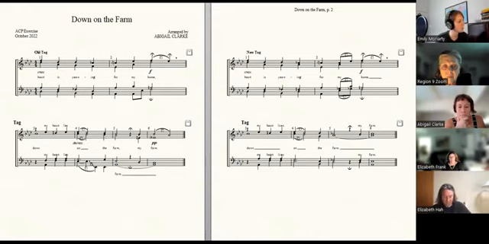Somehow, if we had something more warming than "my farm," like "my home," because you've talked about "my heart is there," and up above, "my heart is yearning for my home." Down, "my heart is down on the farm, my home." Somehow, that might work for something like that. I think it might be because it was very pretty.